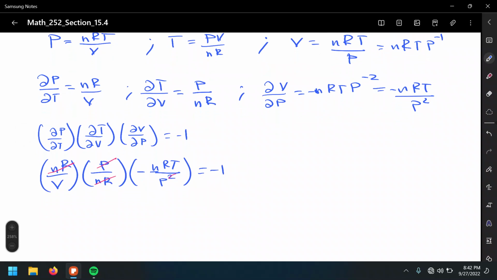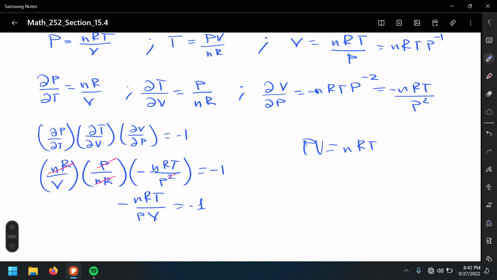So that's negative nRT over one power of P times the power of V that we got from the first factor. Is it true that this equals -1? Let's go back to PV = nRT.